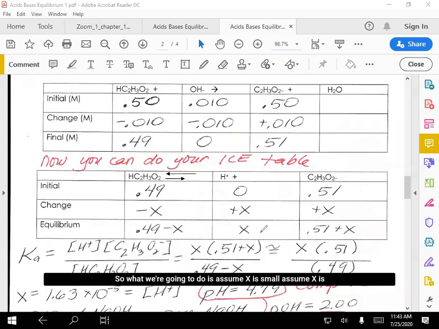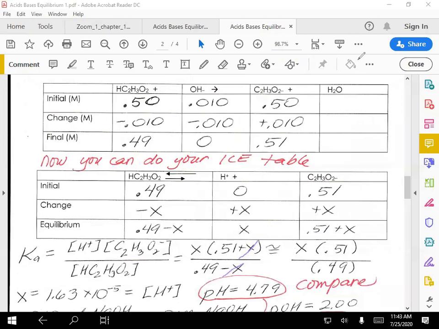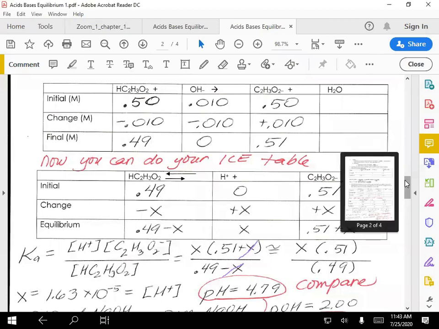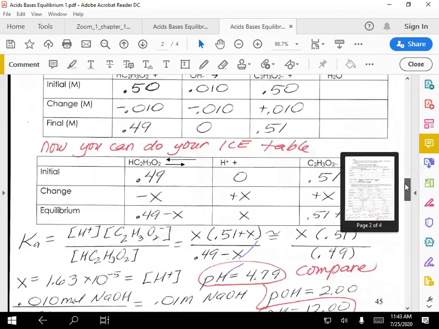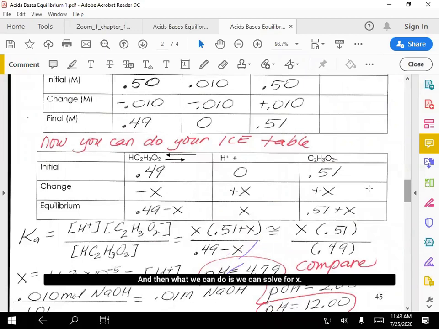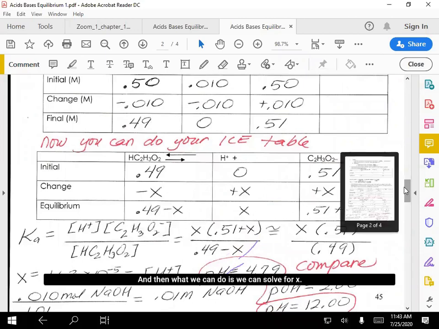So what we're going to do is assume x is small, assume x is small, and so that simplifies our equation. And then we can solve for x.